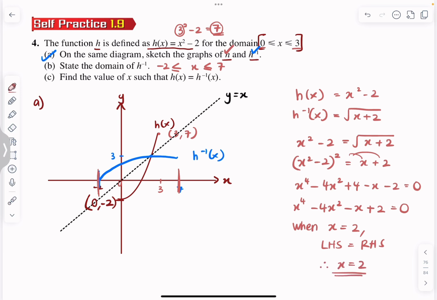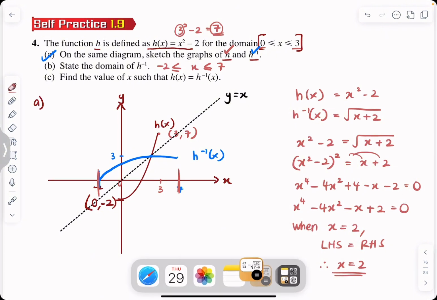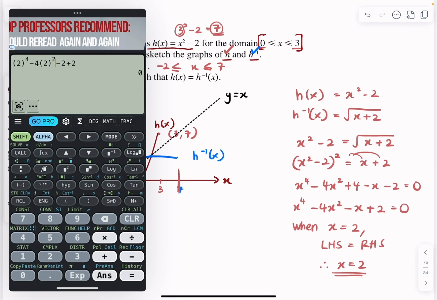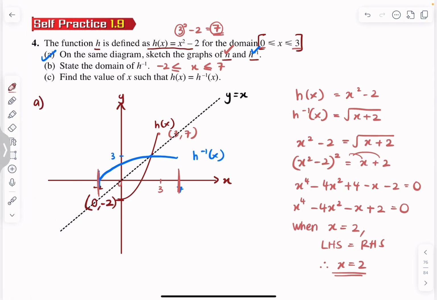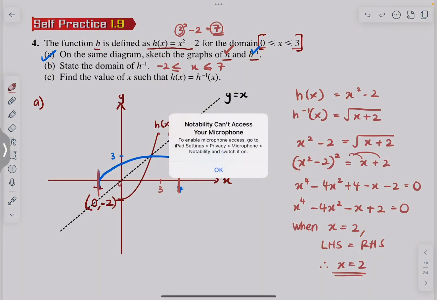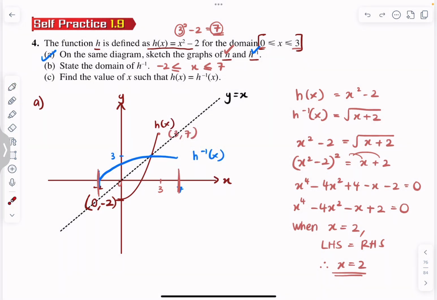If you sub the 1 inside, let's see if we get it. We don't get it. So you can try. This one no choice, you have to do trial and error because we have an x to the power 4 equation here. This one we never learned how to solve.